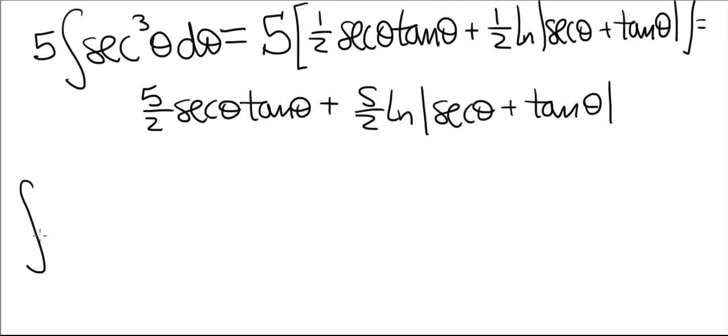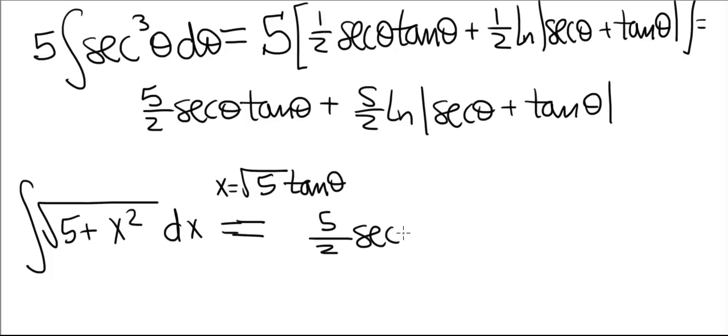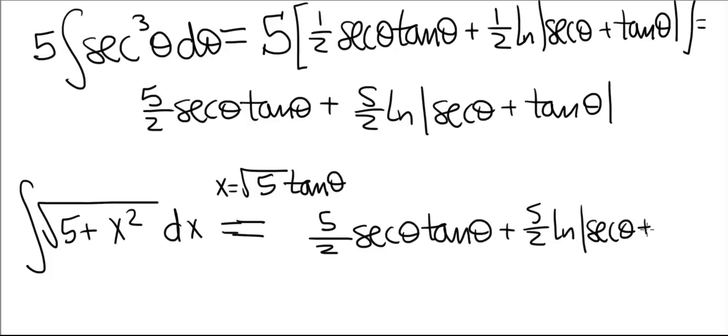So let's revisit the integral that we started with. The integral was the square root of 5 plus x squared. We made the substitution x equals the square root of 5 times the tangent of theta. Once that substitution is made, we're able to solve the problem. We end up with 5/2 secant theta times tangent theta plus 5/2 natural log absolute value of secant theta plus tangent theta.